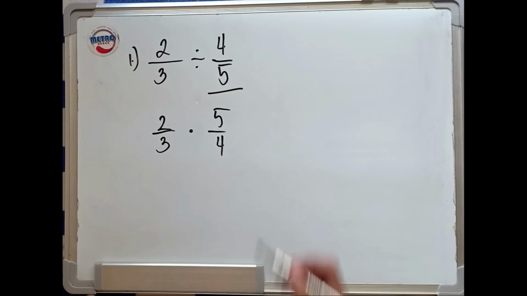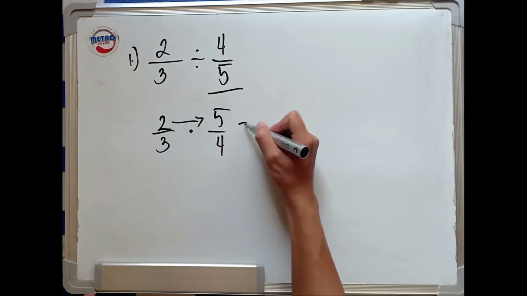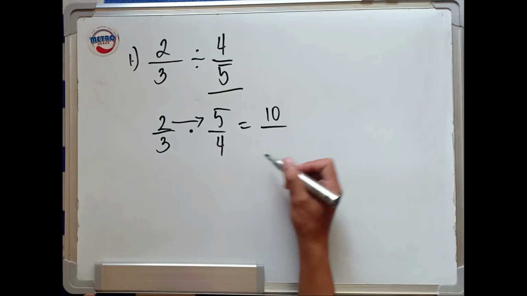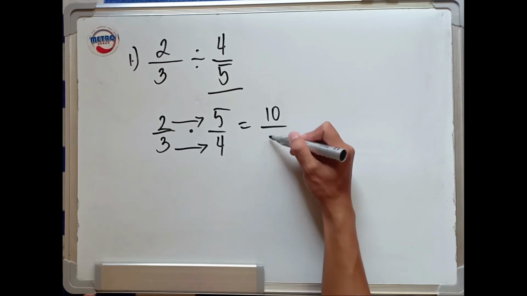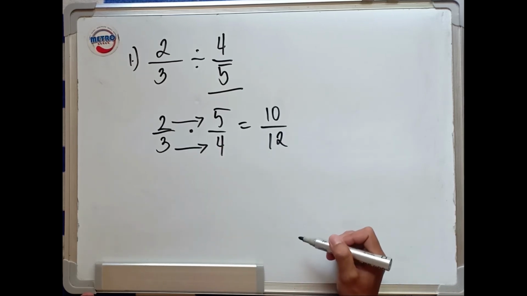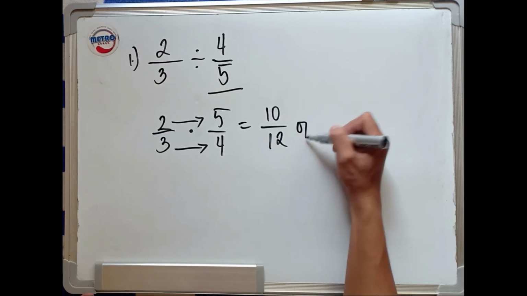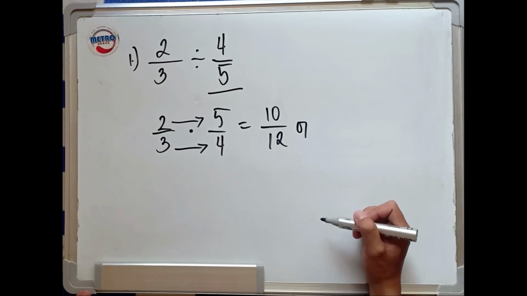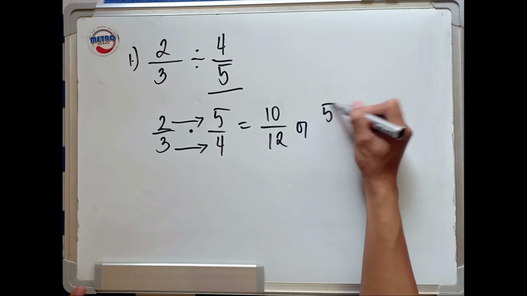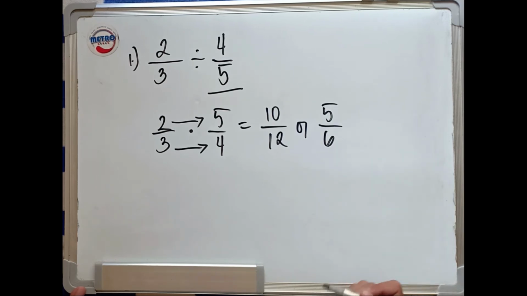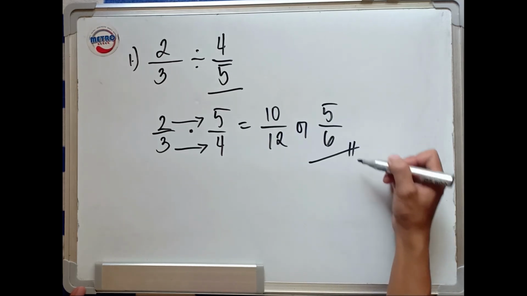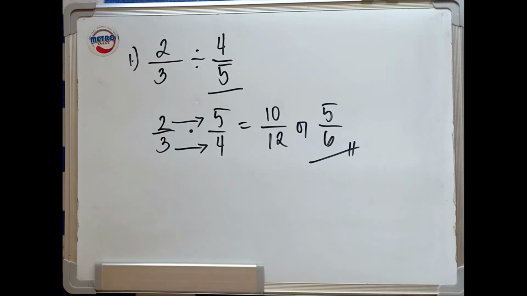So, 2 times 5 over 3 times 4. So we have now 10 over 12. Then, let's get the lowest term. 10 over 12 can be simplified into 5 over 6. Then this will be the answer for item number 1.